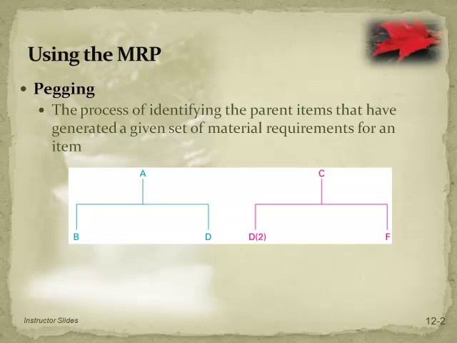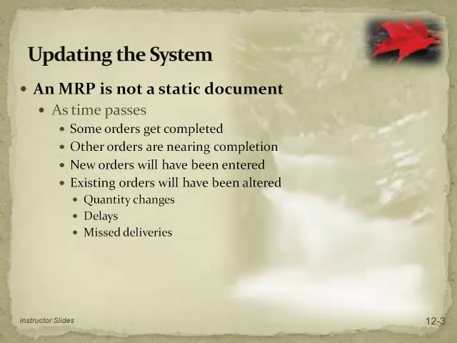If I could get 100 D's, that means that I could finish that order for 100 A's. I couldn't get the C's, but I could at least get the A's. So pegging is a very important piece of information whenever we're doing material planning, especially when we run into the situation which I've just described.